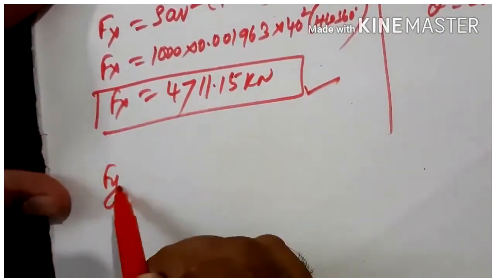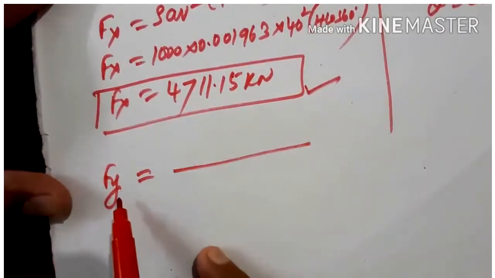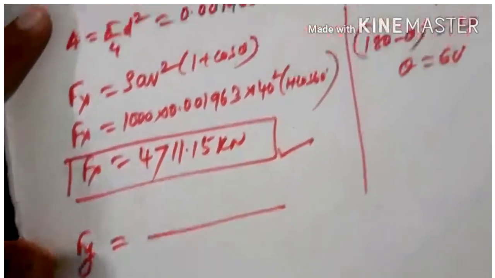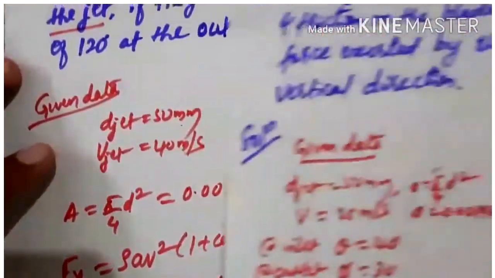Suppose if they asked the force exerted by the jet in y direction, calculate the force in y direction. So these are some numerical problems, simple problems. So practice these problems.